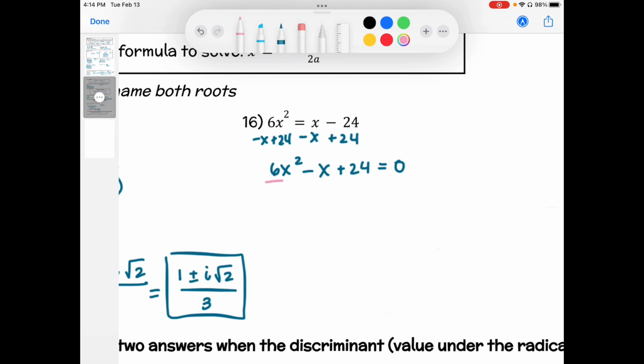So whatever's in front of the x squared is our a value. So a equals 6. Whatever's in front of the x is our b value. So it's just negative, but remember that there's that imaginary 1 there. So b equals -1. And then c is whatever the constant is, so 24.